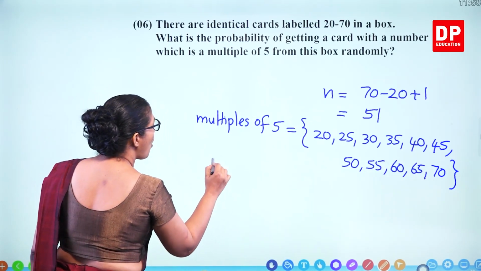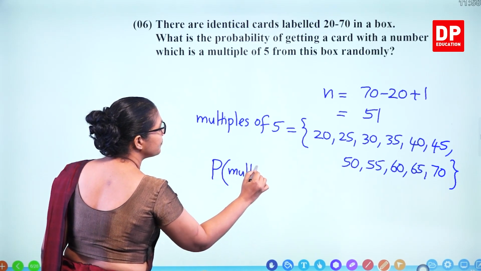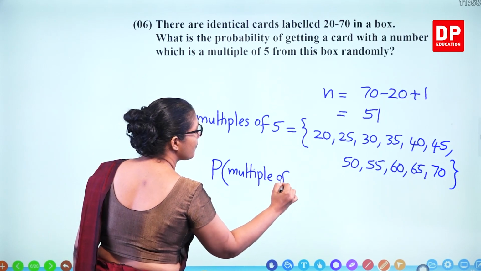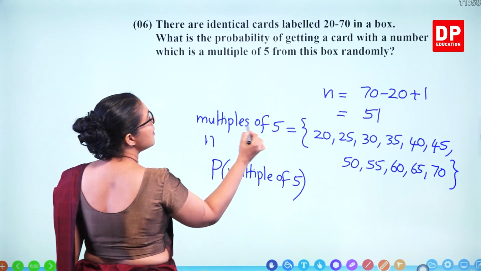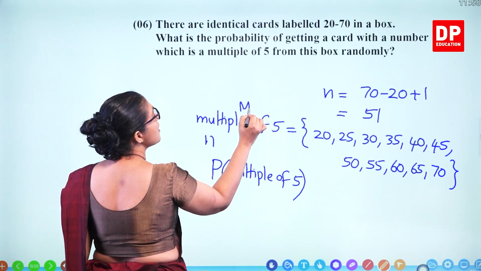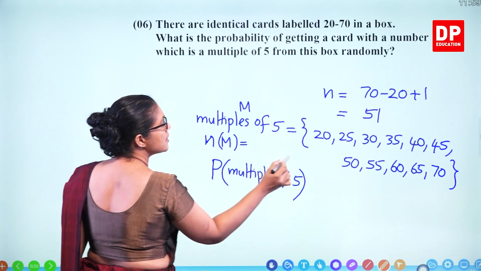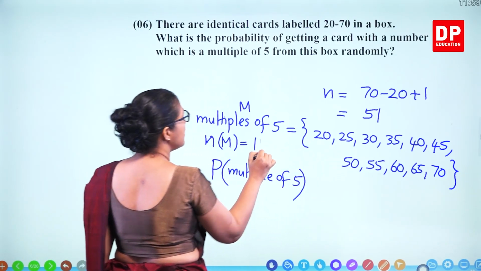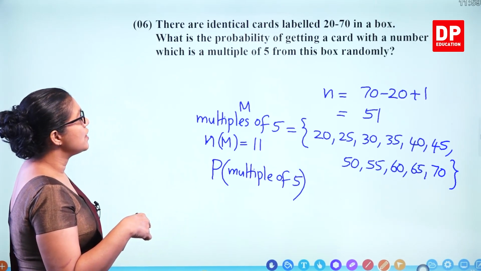So what's the probability of getting a multiple of 5? Here n(M) equals 11 and the total number is 51.